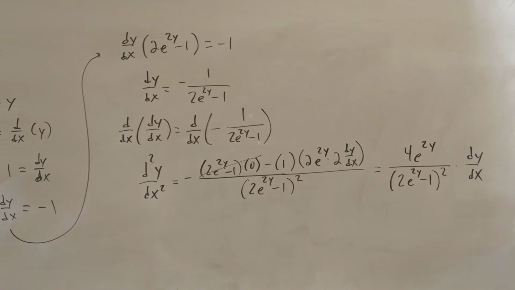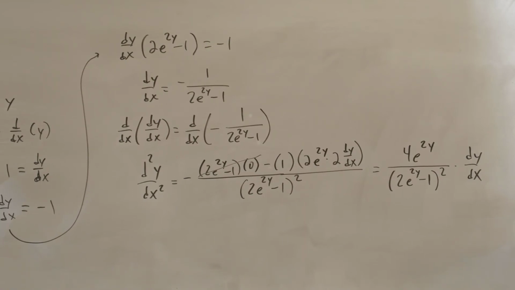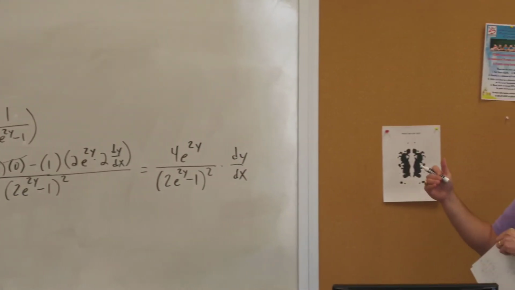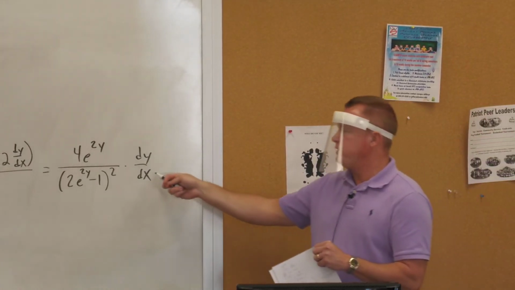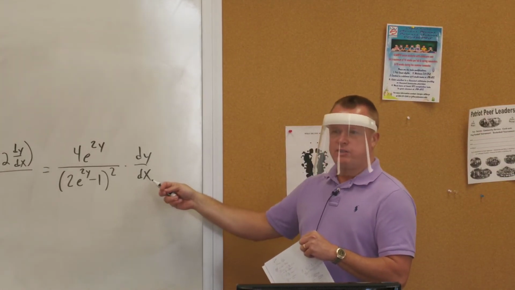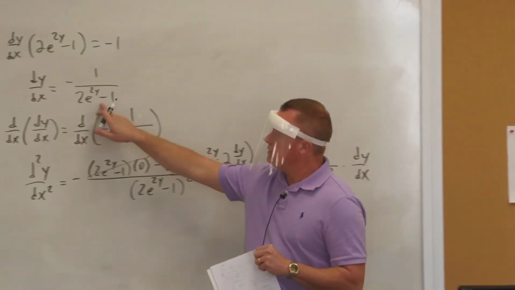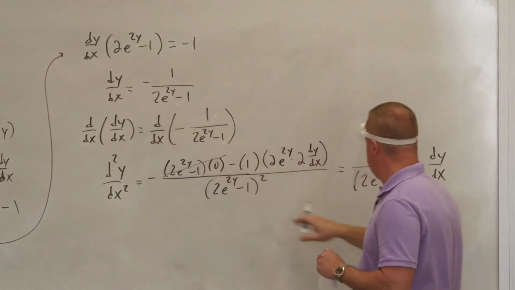Now, like I said last time, when you're finding a higher derivative implicitly like this, you don't want to leave a derivative in the answer, right? We have a derivative in there right now, right? All you do is just substitute in. So dy/dx is this, right? So just put this in the place of that.